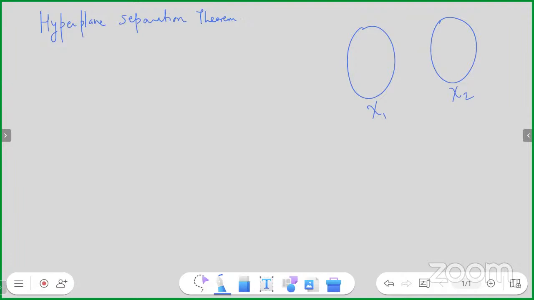They're disjoint and convex. Convex is given. Then there will be a hyperplane such that chi1 is on one side. Yes, but can you be more specific is the question. One side, two side becomes very difficult, right?